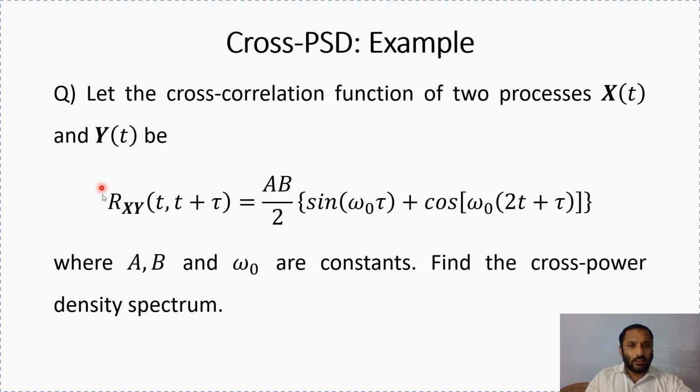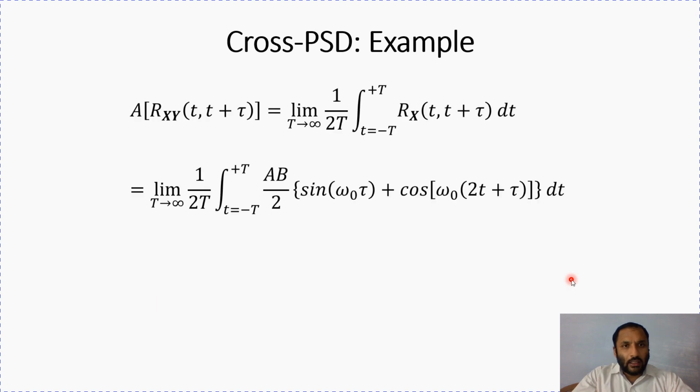Now whatever function is obtained after averaging will be the inverse Fourier transform of the PSD. Okay, so first of all I'm going to calculate the time average of this function.